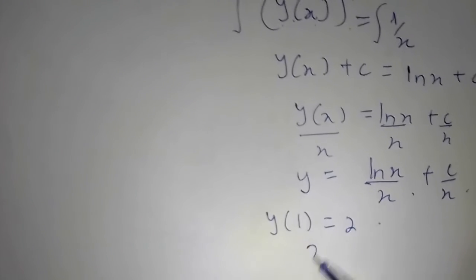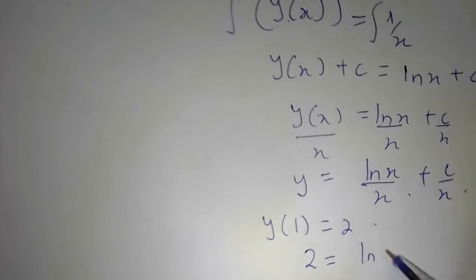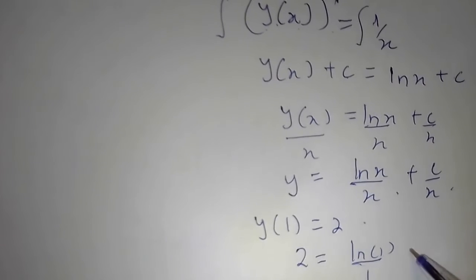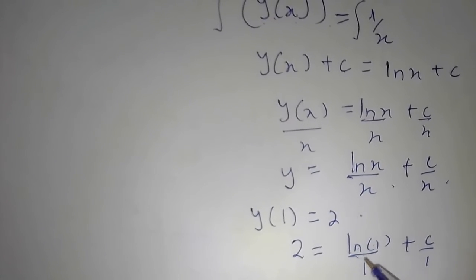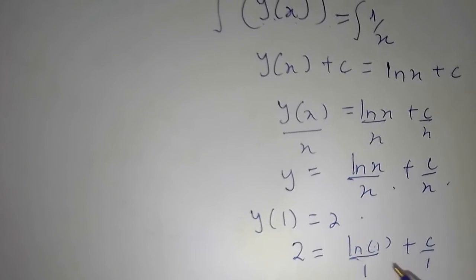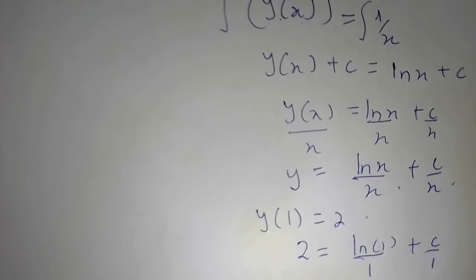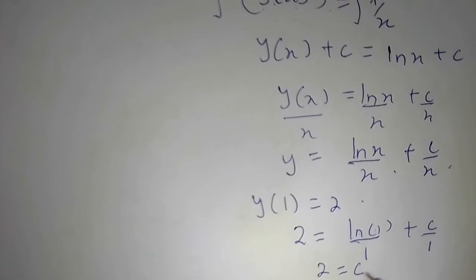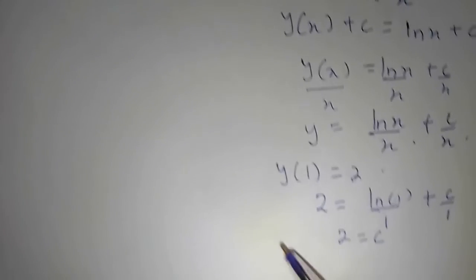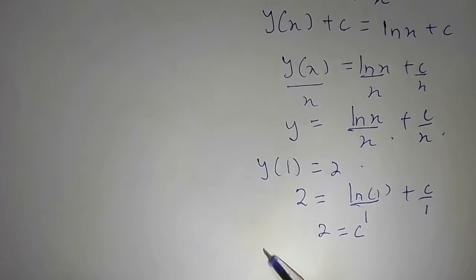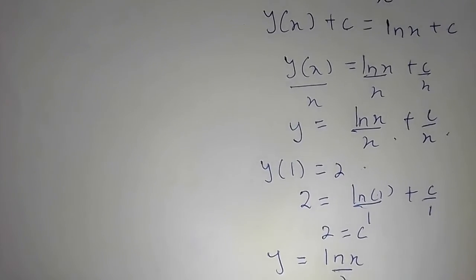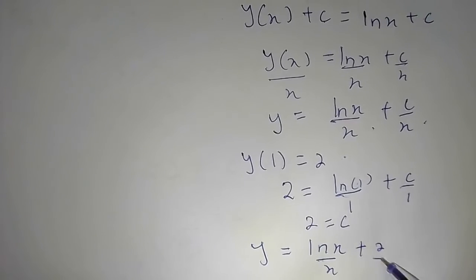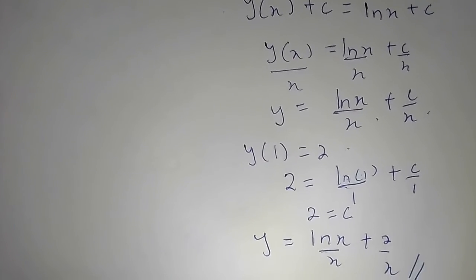We are going to have 2 is equal to ln of 1 over 1 plus c over 1. Ln of 1 is always 0, so this becomes 0. So we get 2 is equal to c. So c is 2, and our final answer for the differential equation becomes y is equal to ln of x over x plus 2 over x.